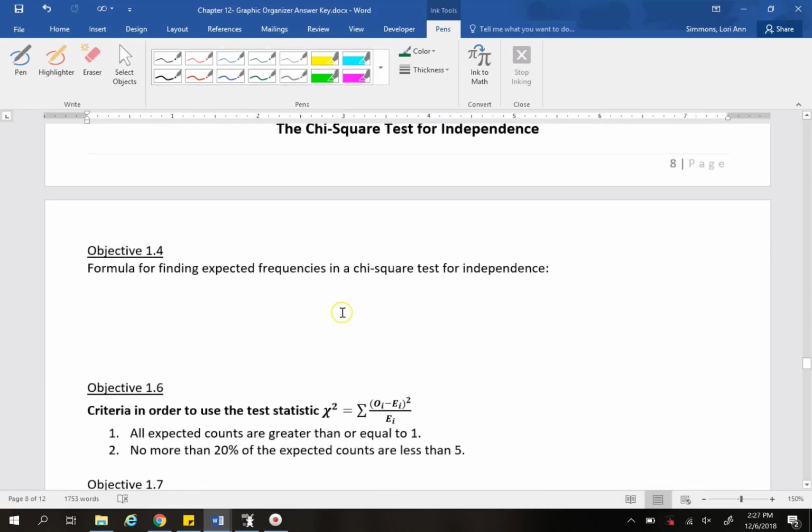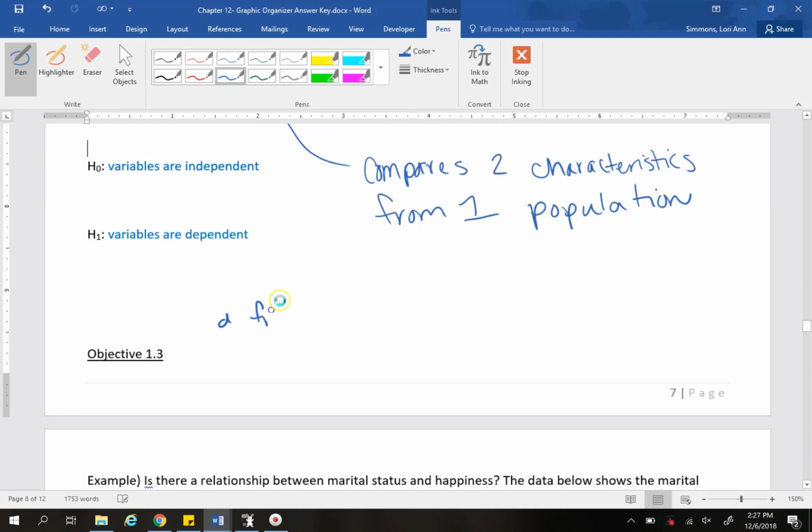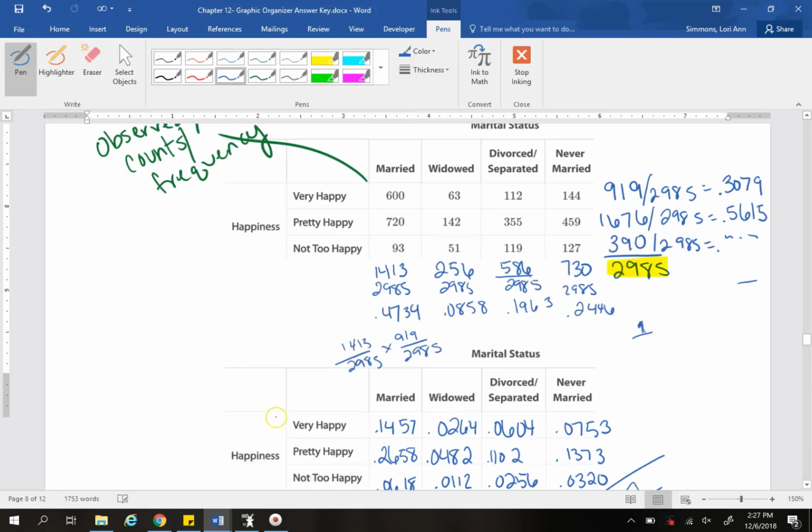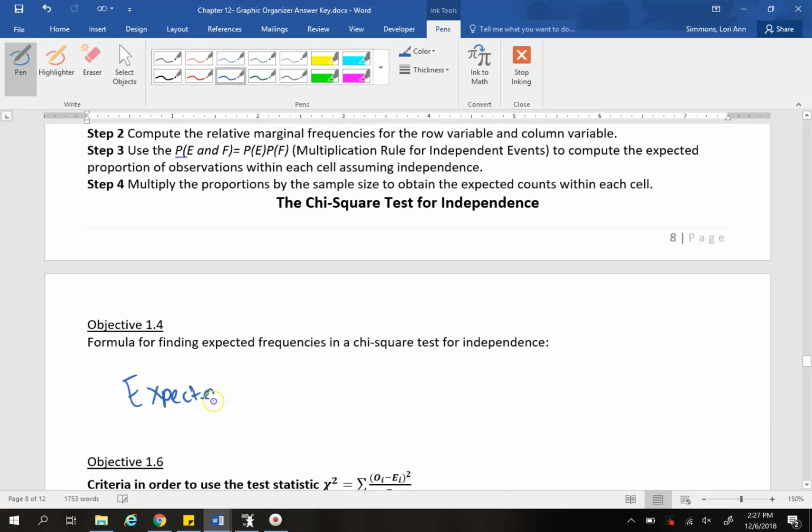The formula for finding expected frequencies in a chi-square test for independence is the expected frequency equaling the row total times the column total, divided by the table total.